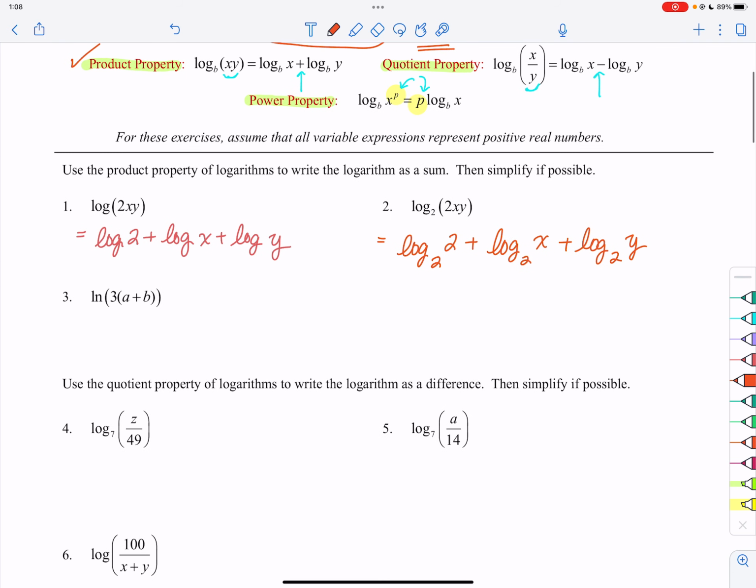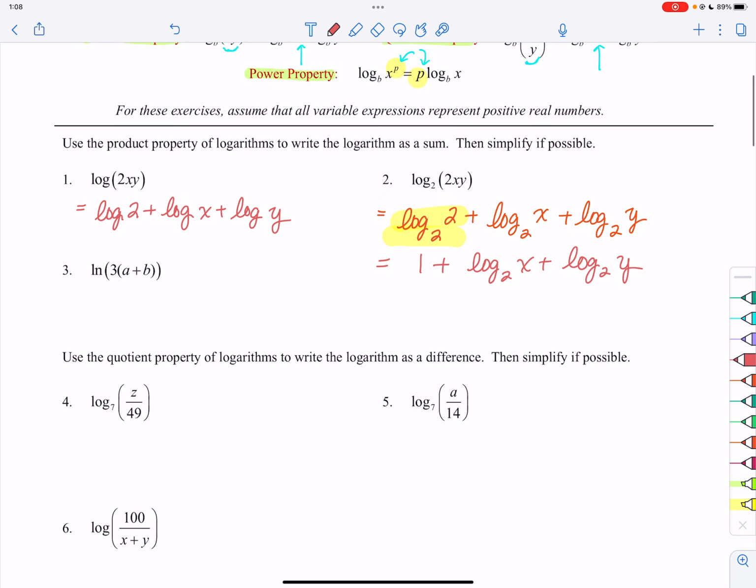But what do you notice here? The log base 2 of 2 is just equal to 1. And we come up with 1 plus the log base 2 of x plus the log base 2 of y. Now, taking a look at number 3, keep in mind we only have 2 factors, 3 and a plus b.